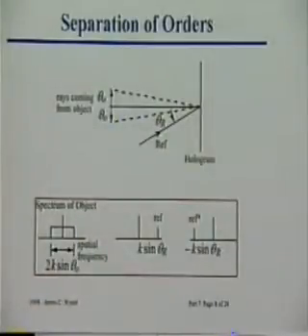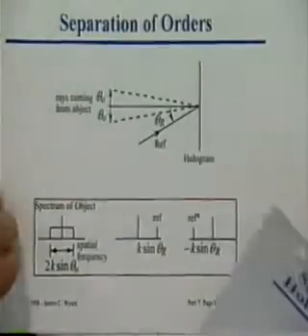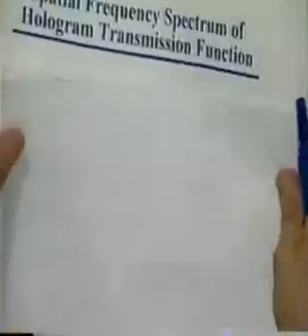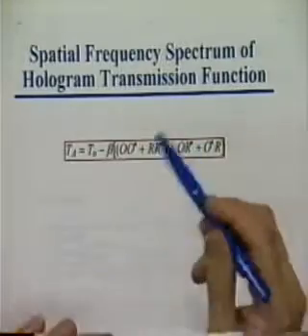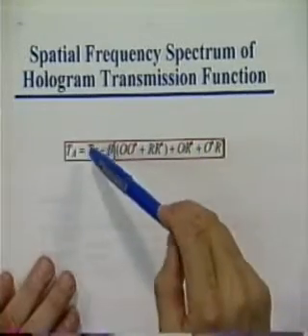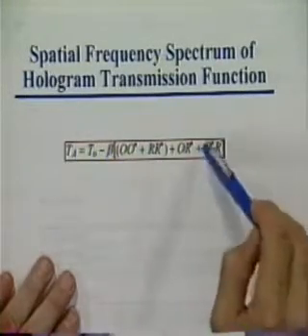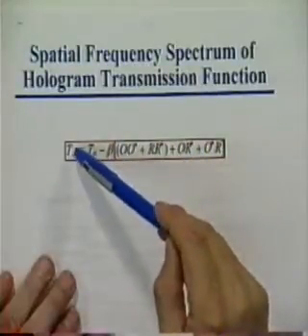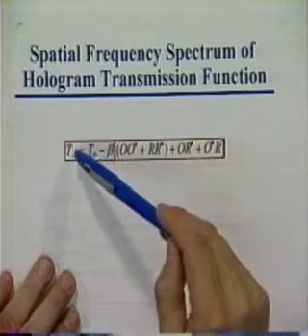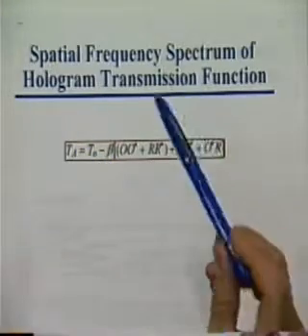Okay, so now we are going to make the hologram, and we're going to reconstruct the hologram, and we're going to look at what spatial frequencies are in the hologram transmission function. So we're assuming that we have this linear relationship between the exposing intensity and the amplitude transmission.